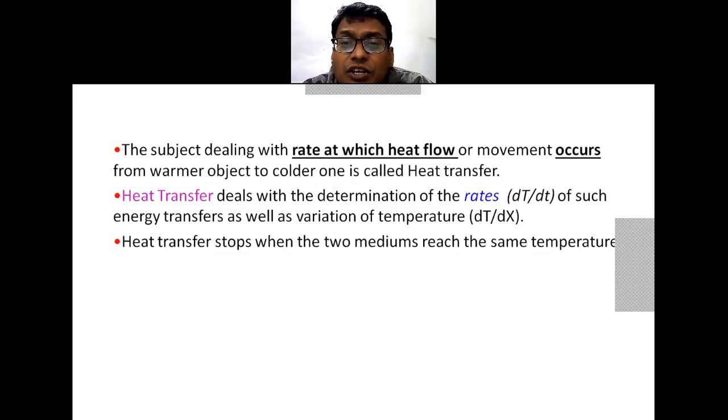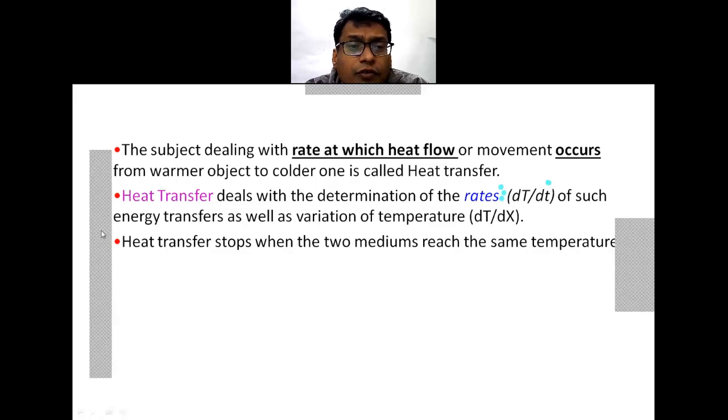And as a result, when we talk about the rate, it is a function of time, that is, temperature as a function of time, that is dT/dt. This is the only concern associated with heat transfer.